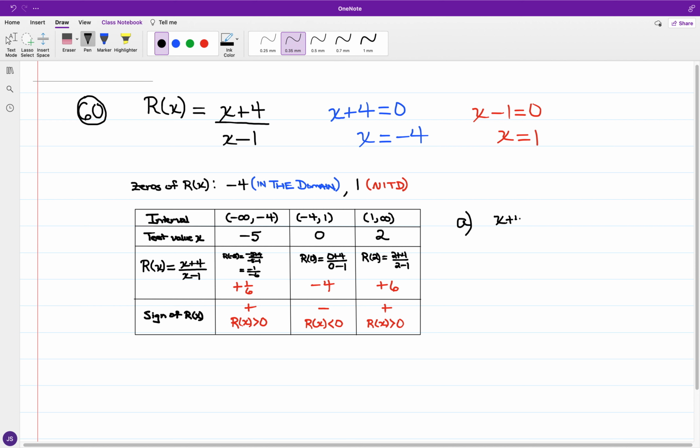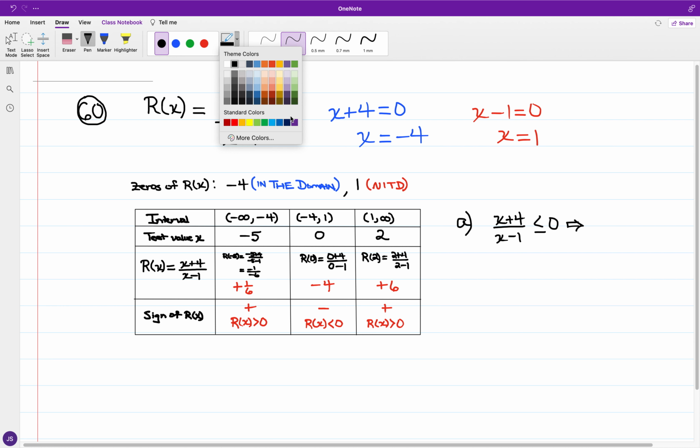In this one, for part A, we have x plus 4 all over x minus 1 is less than or equal to 0. And so for this inequality, we have r of x as x plus 4 over x minus 1.